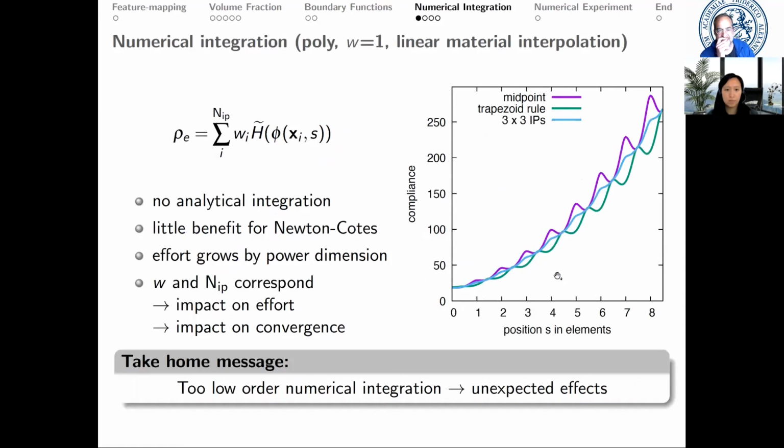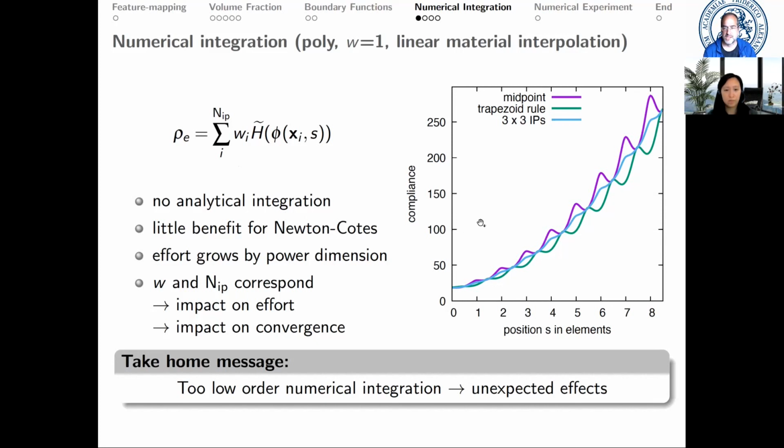People do not do and cannot do this analytical integration we had before. So in reality, we need a numerical integration, and the numerical integration means that now our rho E's are found as a weighted sum of boundary function evaluations at integration points. If we have linear elements, the integration points do not really make that much of a difference.